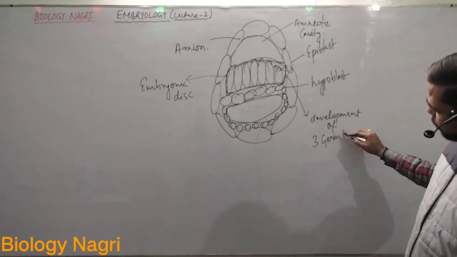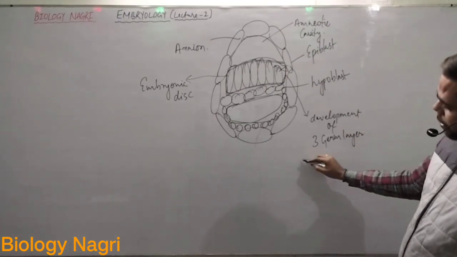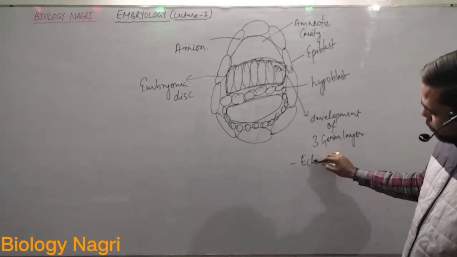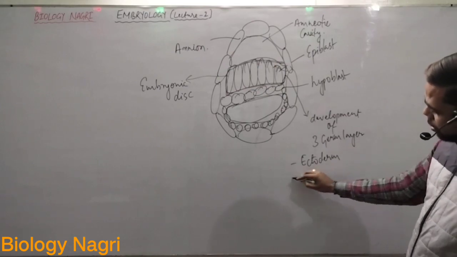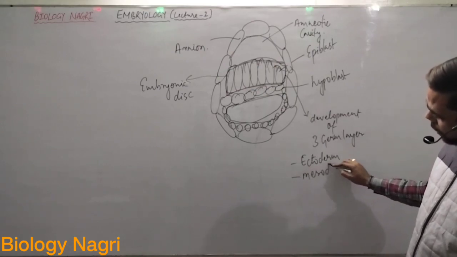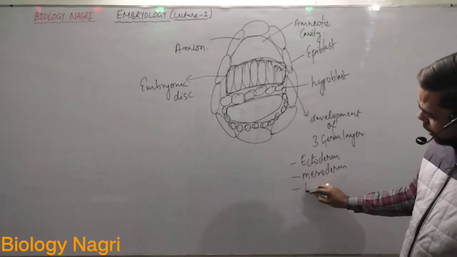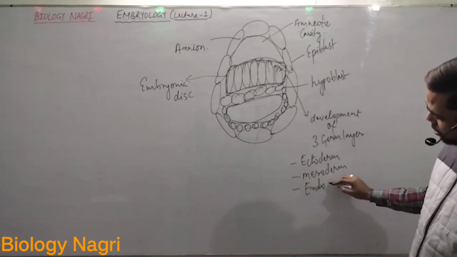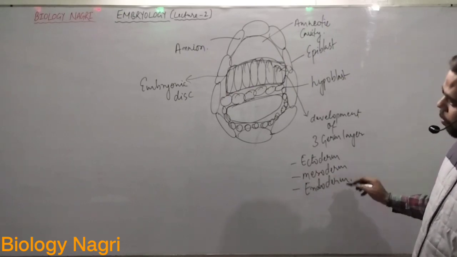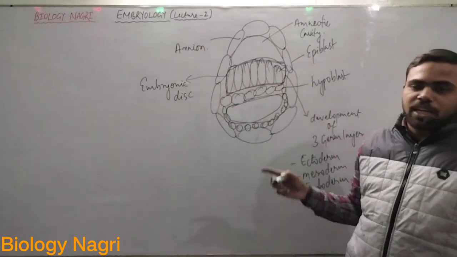Three germ layers, which are ectoderm, mesoderm, and last the endoderm. These are the three germ layers which are formed by this embryonic disc.